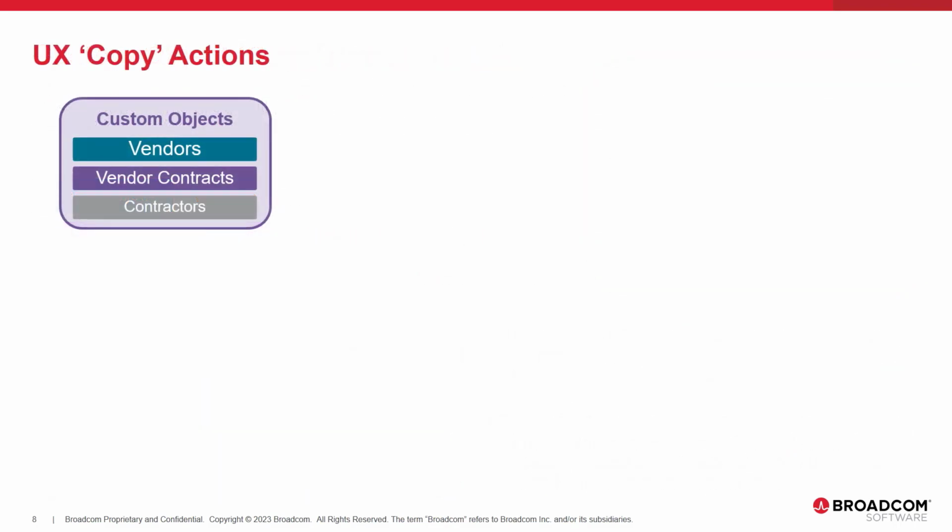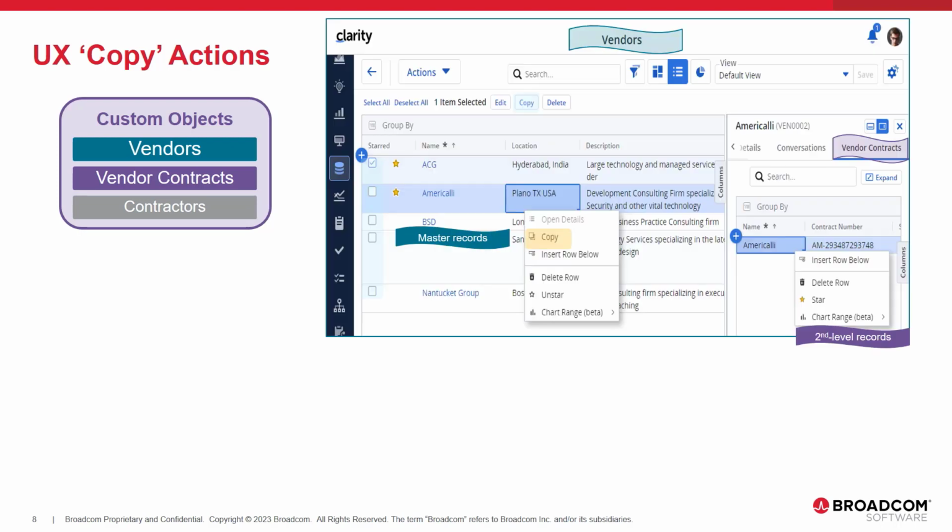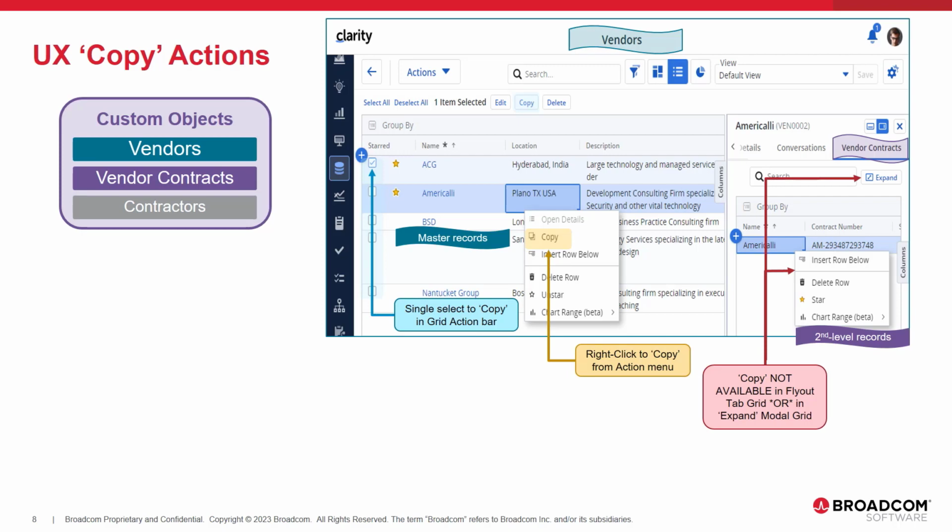Now that you understand my data model, we'll take a look at how the copy action appears on the grid. When navigating into the Custom Objects workspace, into the Vendors tile, the user that has been granted the copy access right for the vendor's master object will have the ability to see the copy action enabled using the right-click action to copy a vendor.